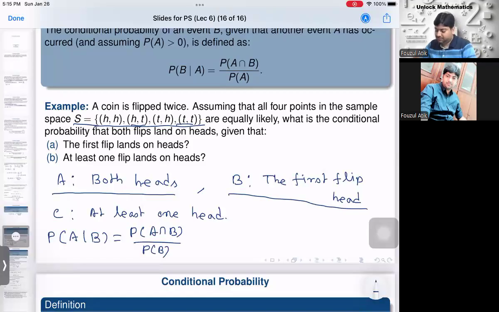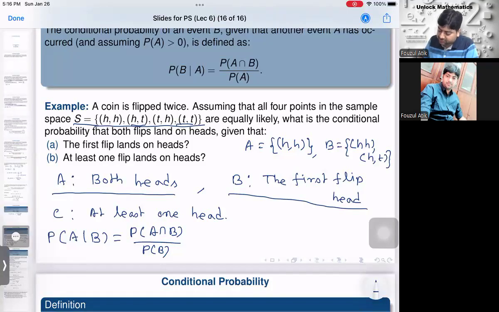Now think, what is the event A? What are the outcomes favorable to A? So A is equal to which set? Both are heads. That means it has only one outcome, HH. What is B? B is the first flip is head. That means it has two outcomes, HH and HT.